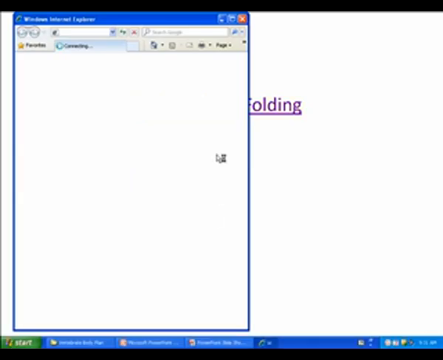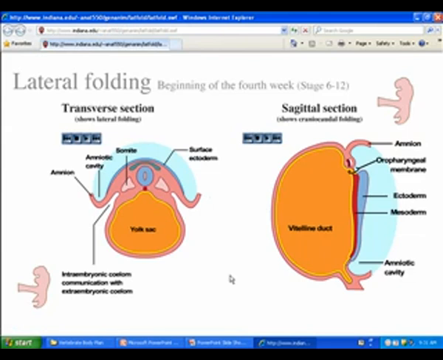And we can appreciate the complexity of these movements. And so if we look both at a cross section and sagittal section, we can look at lateral body folding. This is from the University of Indiana, and here we can see what happens during lateral body folding.